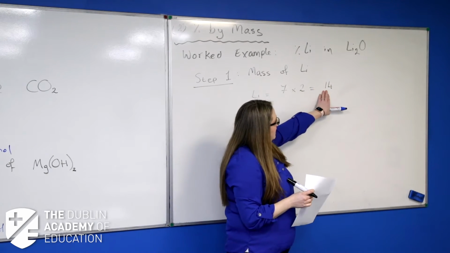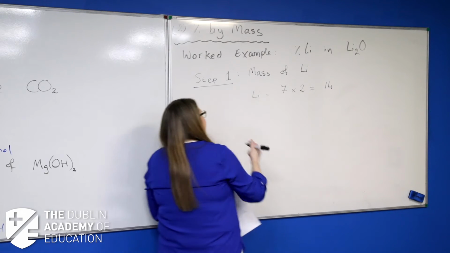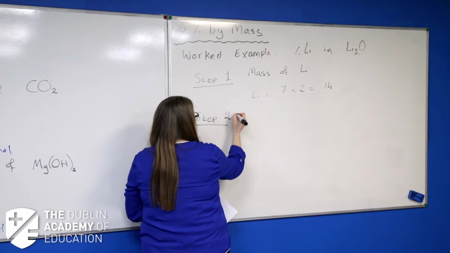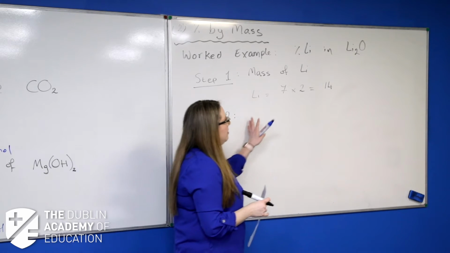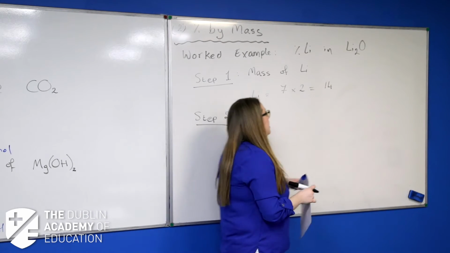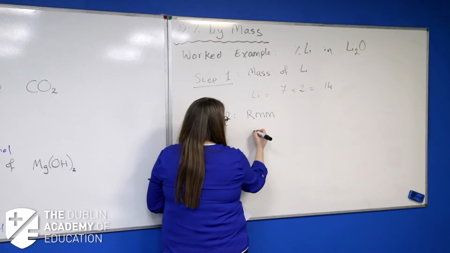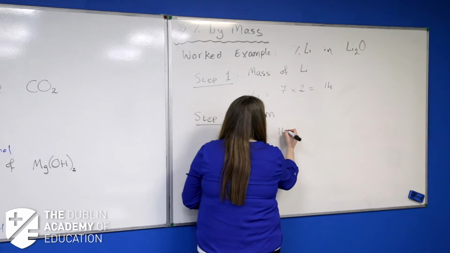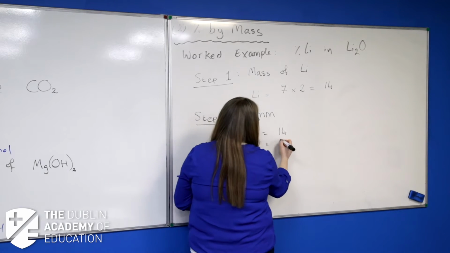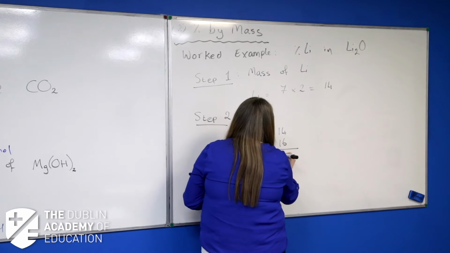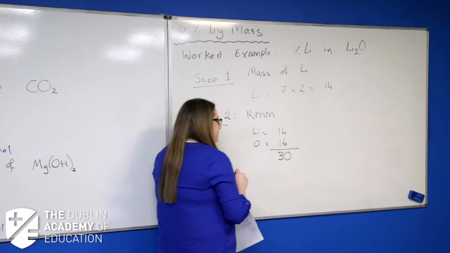So the total mass of lithium in the molecule is 14. Step 2. I need the overall mass of the whole molecule. So I need the RMM. So for lithium, I'm going to put it as 14. Oxygen, I can say is 16 because there's just one of them. And the RMM is going to add those 2 together, which is 30.